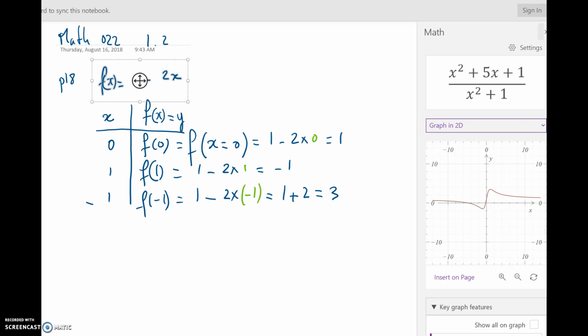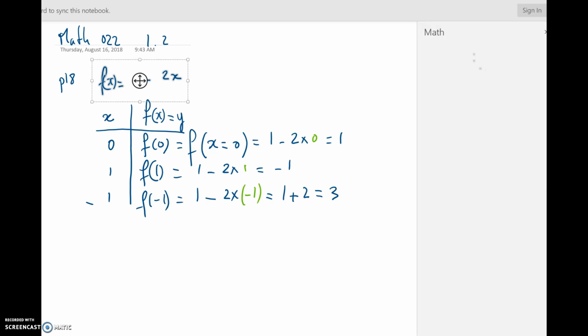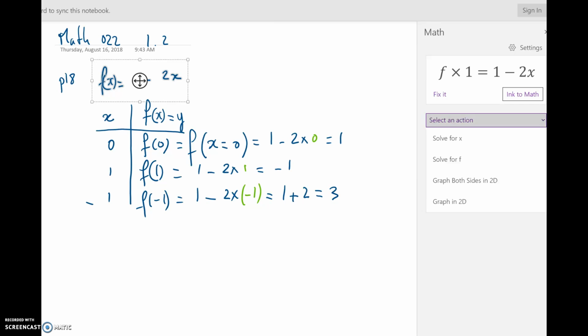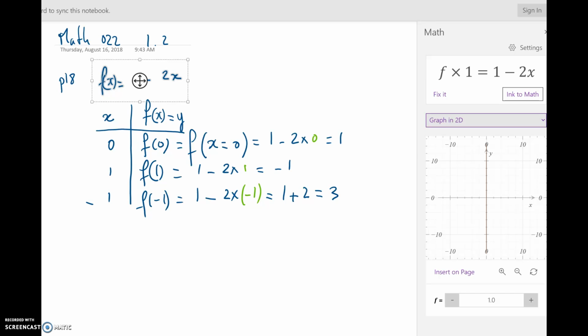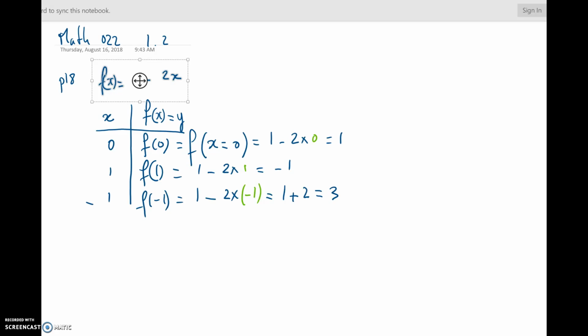Oh no, that's not the one I want to graph. Here we go: 1 minus 2x, select an action, and I want to graph it in two dimensions. Why do I have this? Oh, I know why. Because it considers that as 1 multiplied by x, so I'm just going to get rid of it. You pretty much understand what I was saying, right? Okay, so we're good to go.